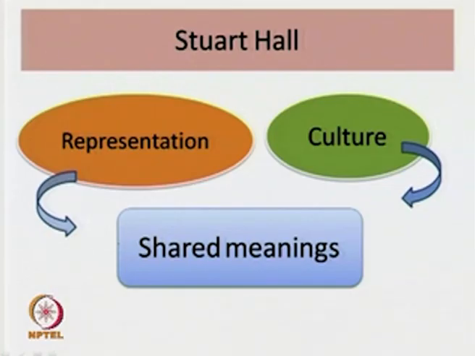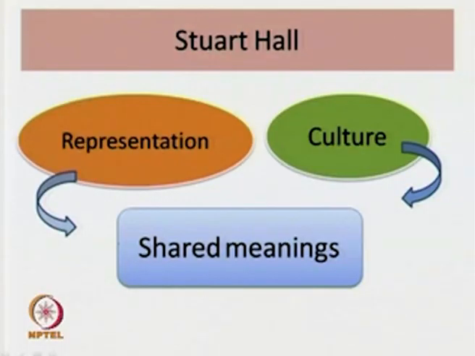Meaning is an important concept in cultural studies, especially after the linguistic turn. Our focus ultimately as practitioners of cultural studies would be to see how meaning is created. In Stuart Hall's terms, both representation and culture are a matter of shared meanings, meanings that you and I, as members of a community, share.